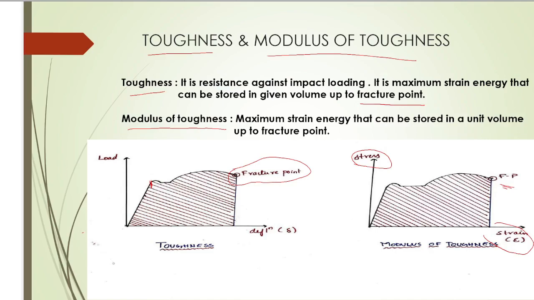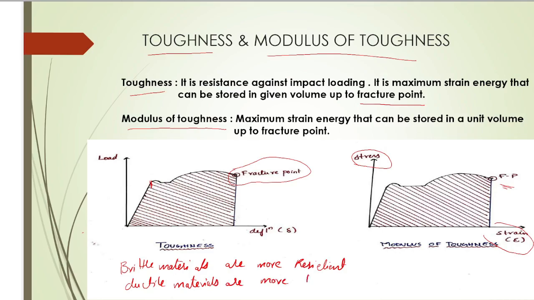Normally, brittle materials are more resilient, whereas ductile materials are more tough.